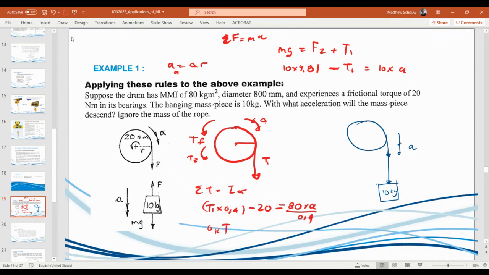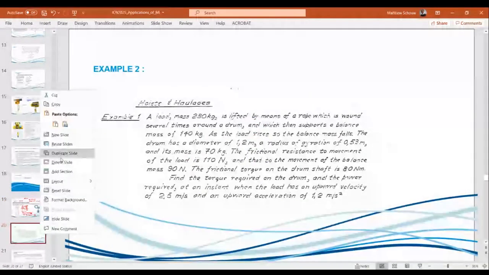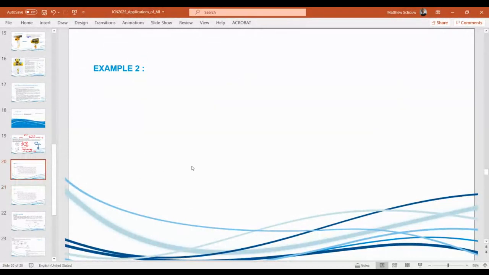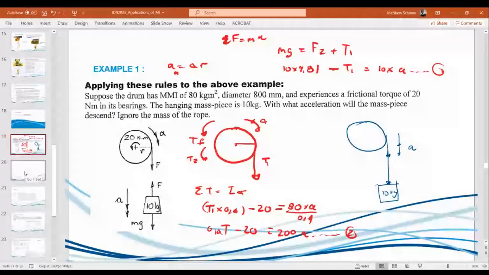So we have T1 times 0.4 minus 20, equal to 80 divided by 0.4, which gives us 200 A. So we've got one equation here and another equation over here, and I'll just duplicate this and remove that. So we have two equations.